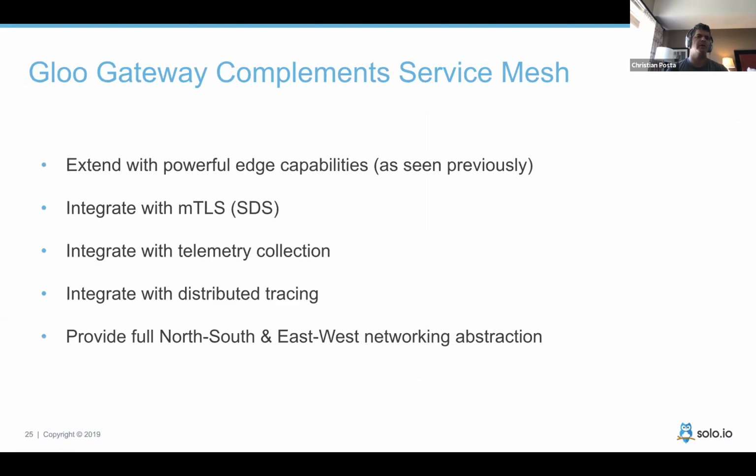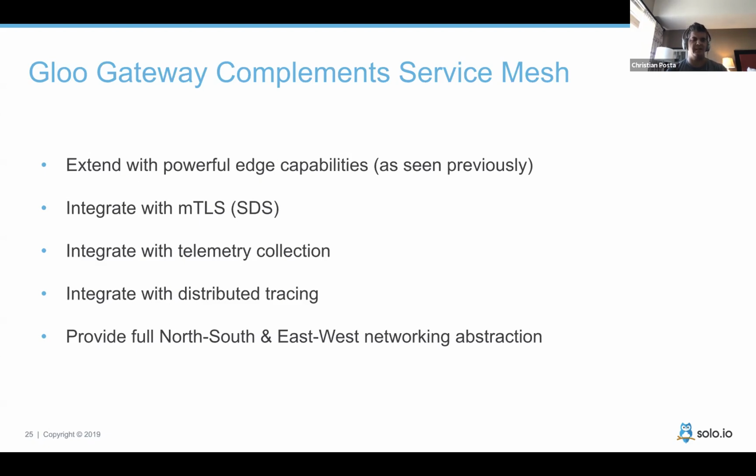So Glue complements a service mesh, specifically Istio, because it extends the capabilities at the edge. It extends the out-of-the-box gateways that you see in Istio. It does integrate natively with Istio's mutual TLS.